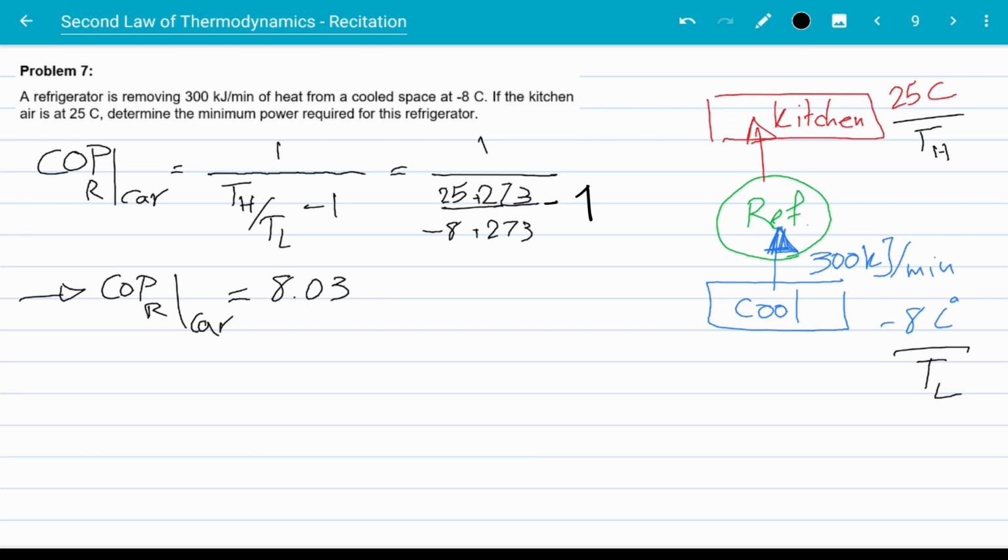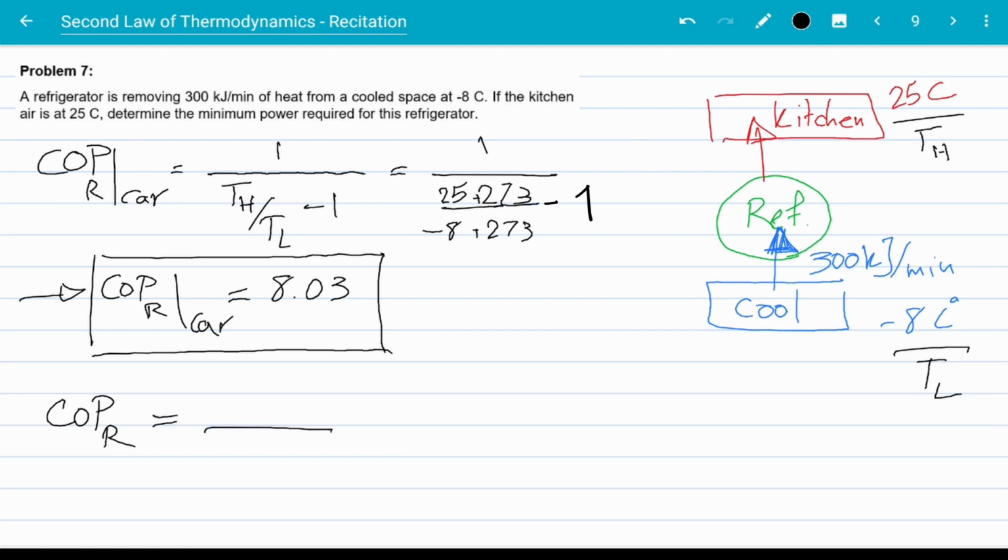8.03. Now, the reason, again, that we are assuming that this fridge is on a Carnot cycle is because we want to find the minimum power required. COP of the refrigerator also is Q dot L over W dot.